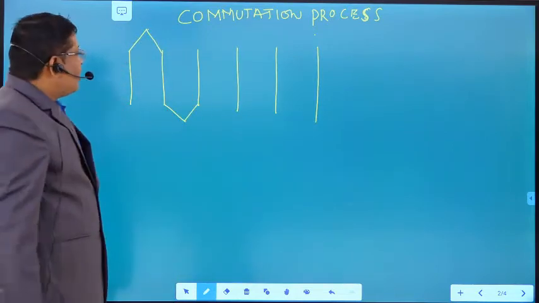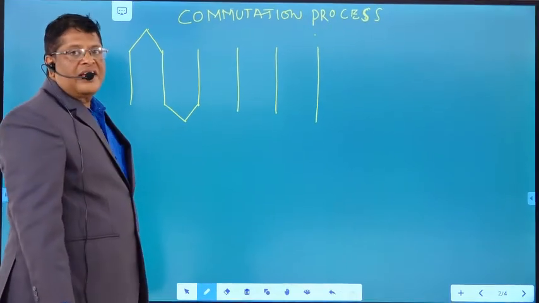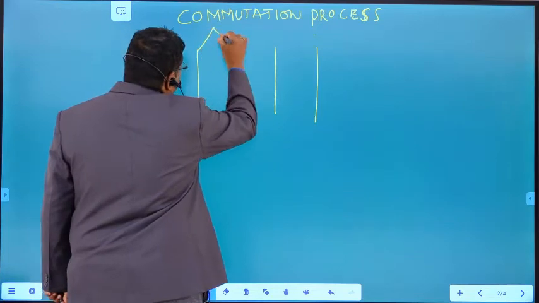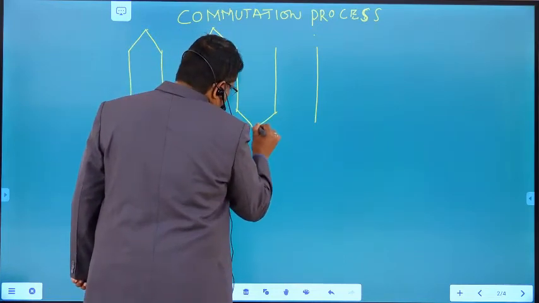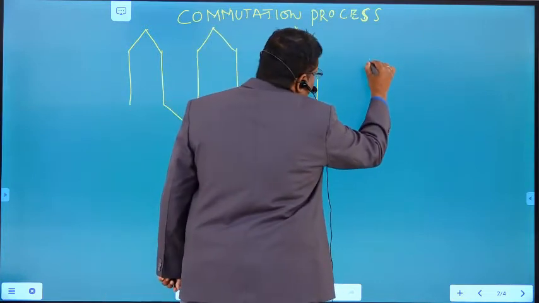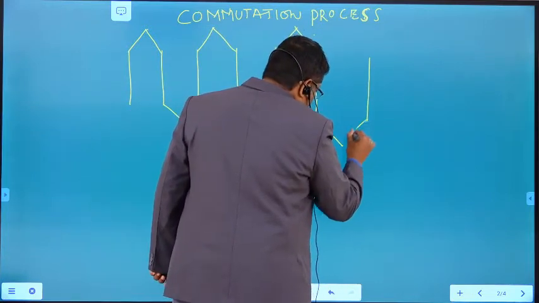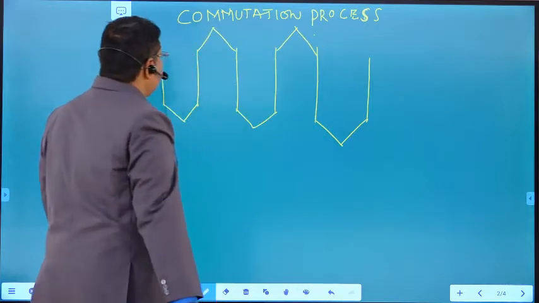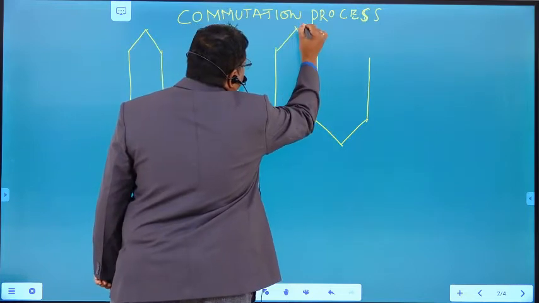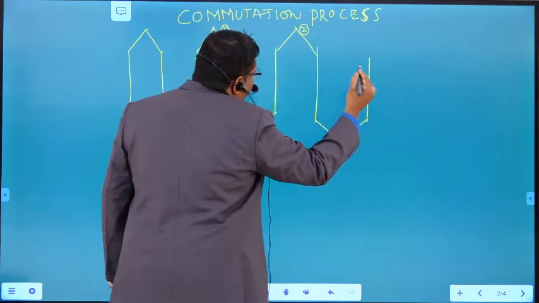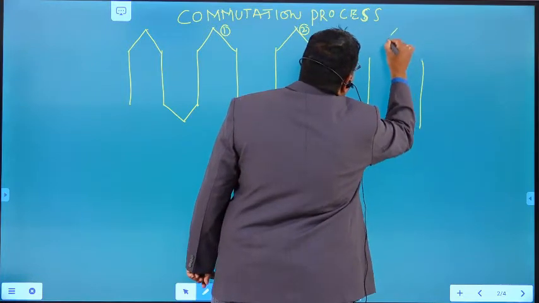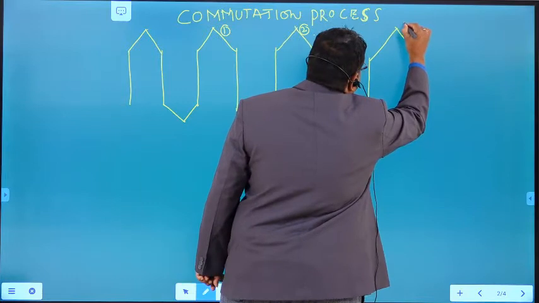For simplicity, here we have taken each coil as a single turn coil. This is coil 1, this is coil 2, this is coil 3.